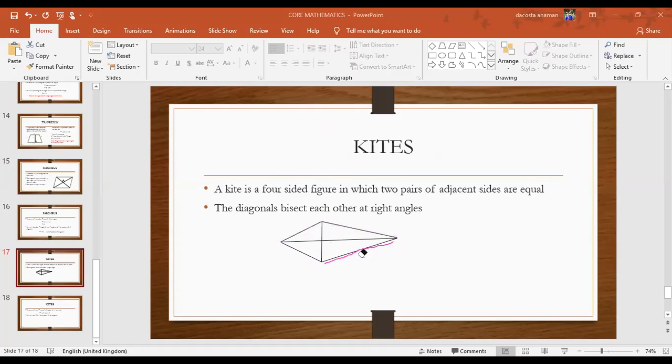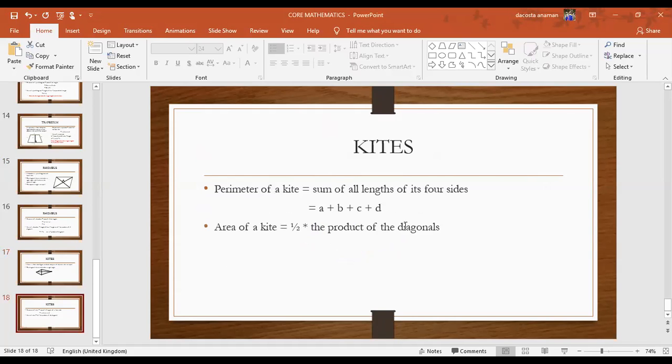Now, for a kite, the perimeter is the sum of all the lengths of its four sides. Then the area of a kite is half times the product of the diagonals.